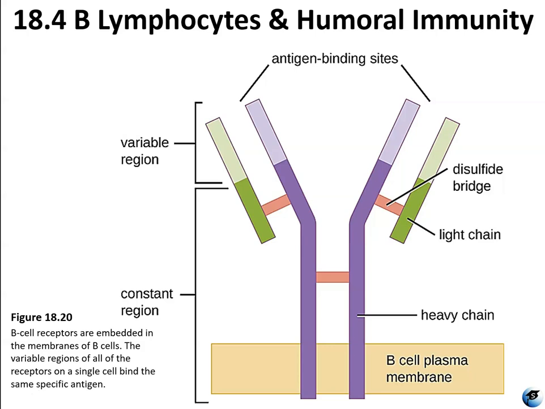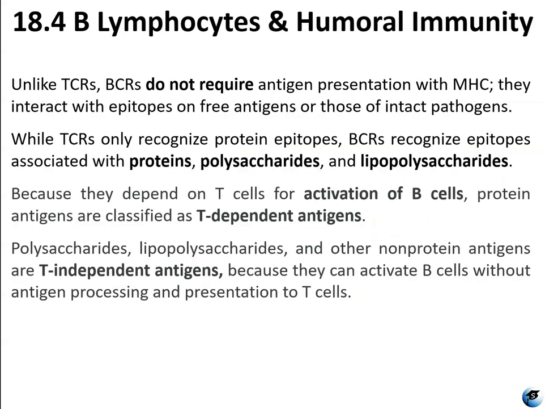This again looks very similar to your antibodies and your T cells, but unlike the T cell receptors, B cell receptors do not require antigen presentation with the major histocompatibility complex because B cells interact with epitopes on free antigens. And while TCRs only recognize protein epitopes, BCRs recognize epitopes associated with proteins, polysaccharides, and lipopolysaccharides.